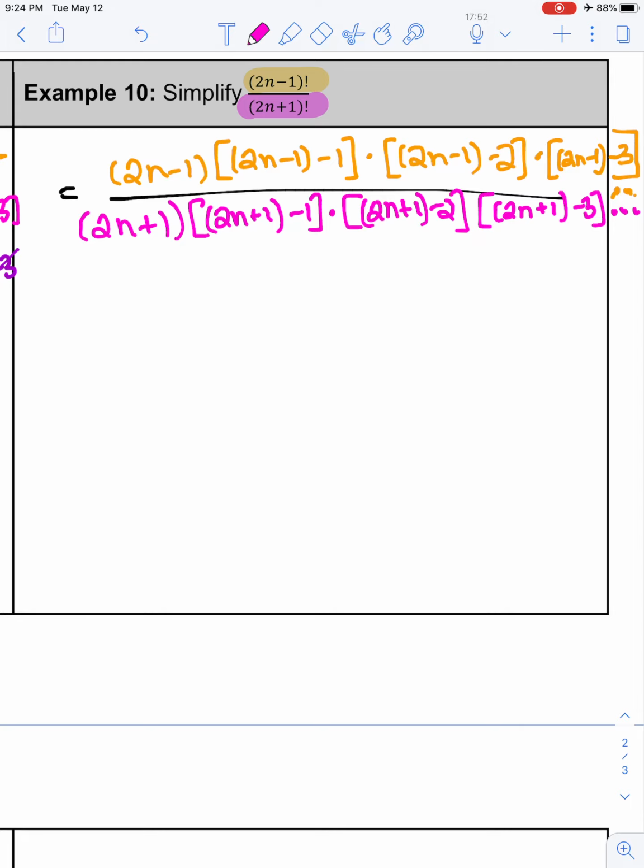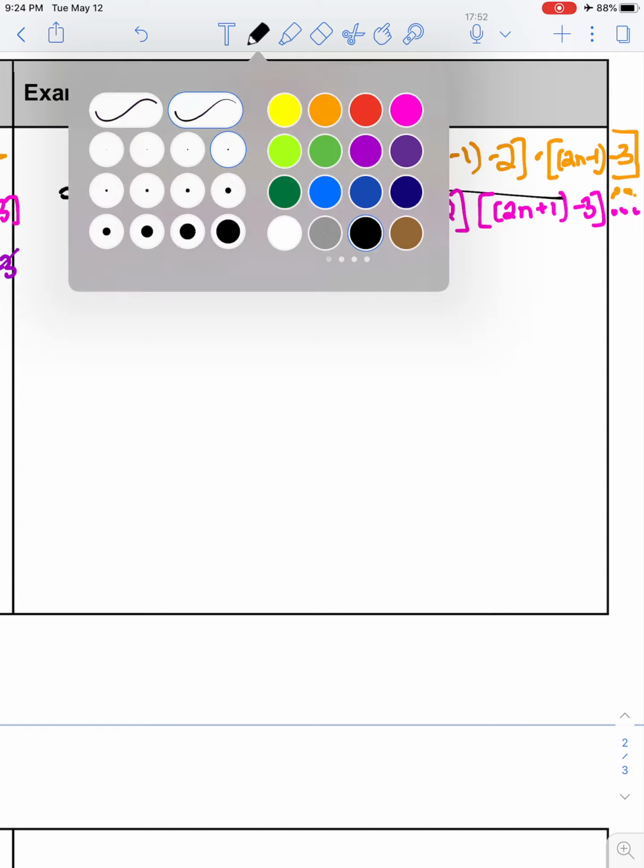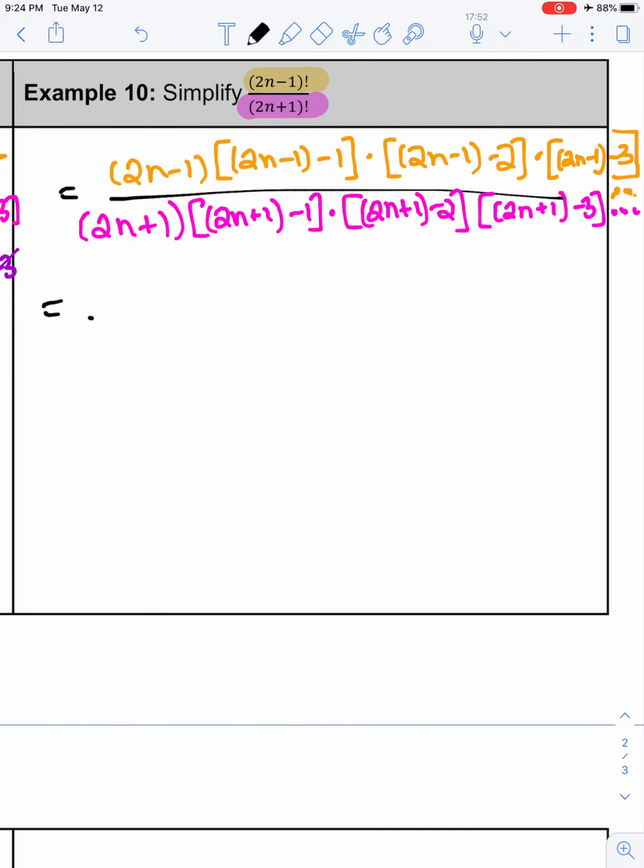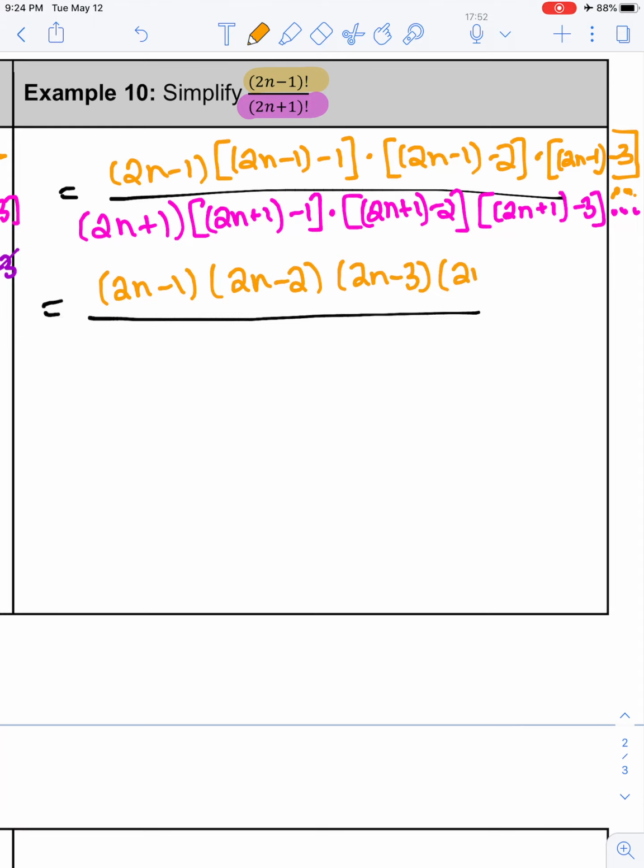So before I get too much further, I'm going to go ahead and simplify this. And again, if you just jump straight to this step that I'm about to write, that is totally fine. So the numerator becomes 2n minus 1 times 2n minus 2 times 2n minus 3 times 2n minus 4, and again that continues. So all I've done is really dropped the parentheses because I don't have any multiplication happening and combined like terms.